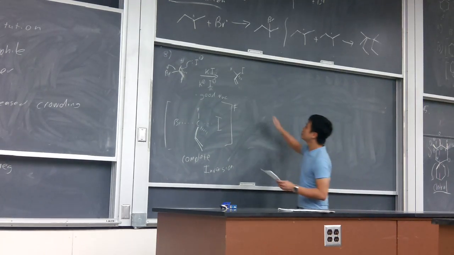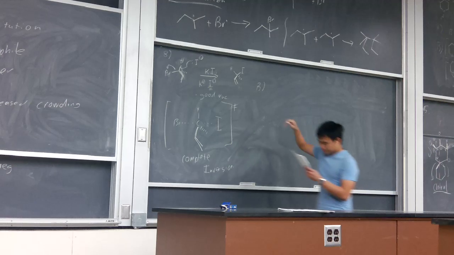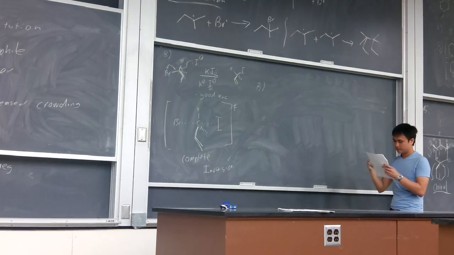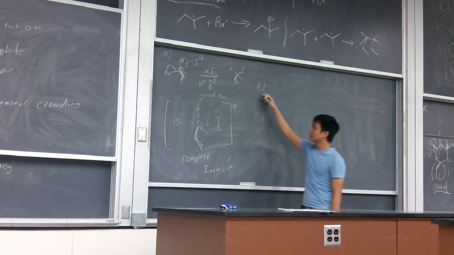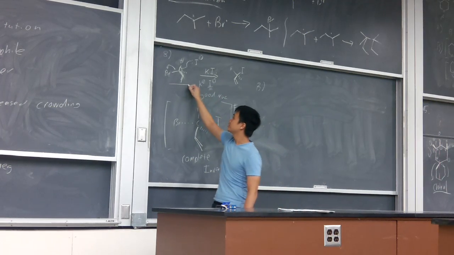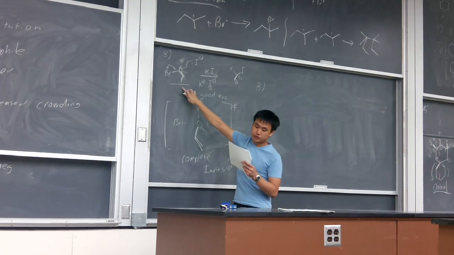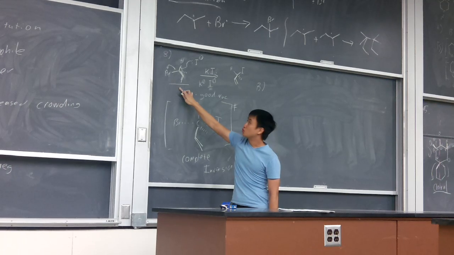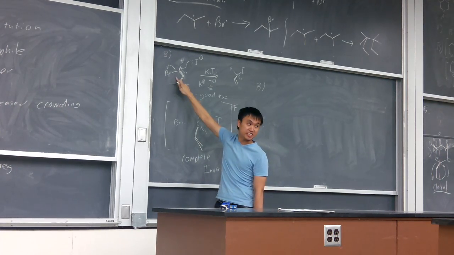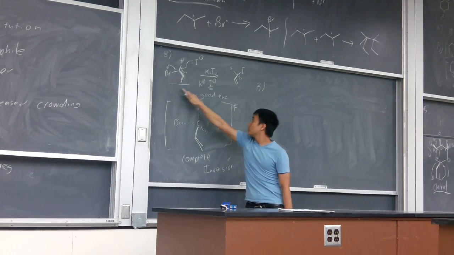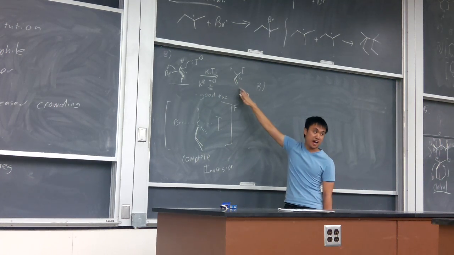Okay, so part B. If the starting electrophile, which is this, is chiral, which means we only contain this and not the enantiomer, would the product be racemic or chiral?